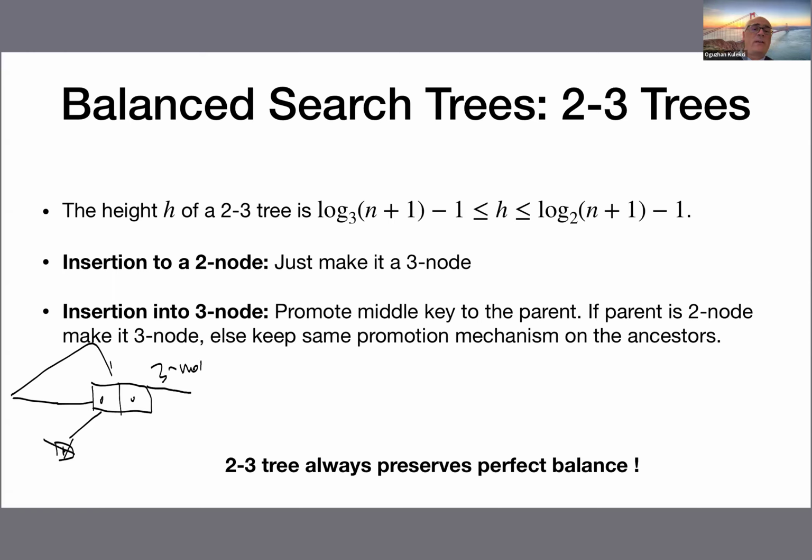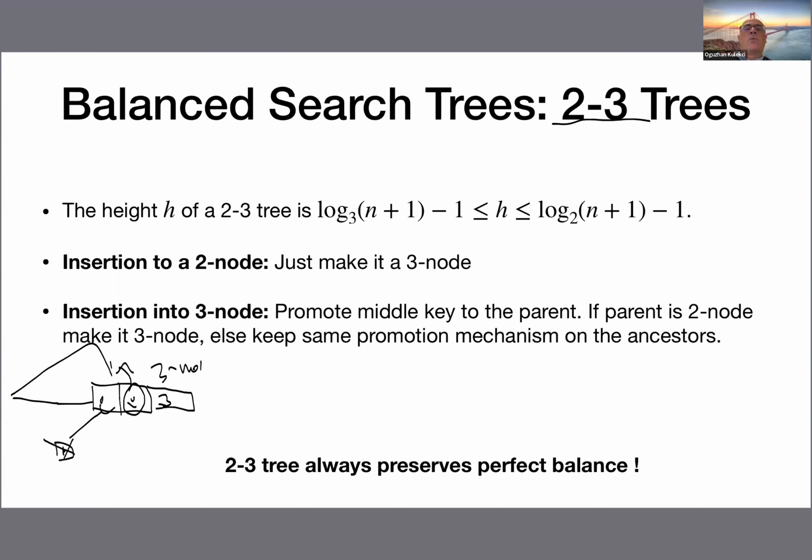Whenever you add this to your 3 node, you are having a great problem because now you have 3 keys at a node, which is not allowed, right? That makes it not a 3 node, but a 4 node, and this is just a 2, 3 tree. So you need to promote the middle element to the parent.